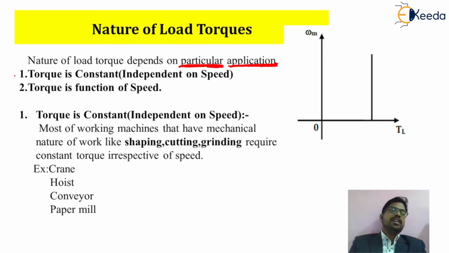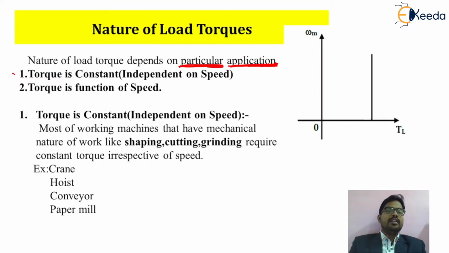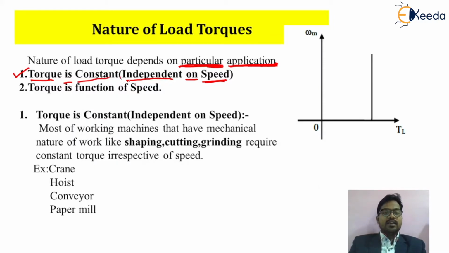So we'll start to discuss how the natures of load torques are differentiated. The first is that the torque is constant. What do we mean by constant torque? It is independent of the speed. If the load torque is independent of the speed, then the load torque is constant, and this will be shown by the characteristics we will study.